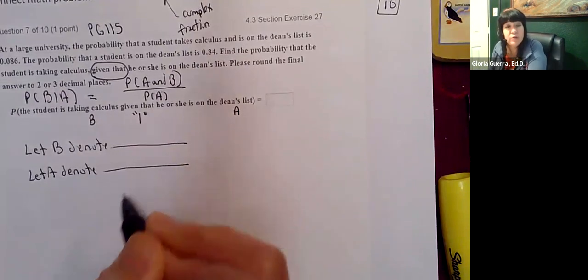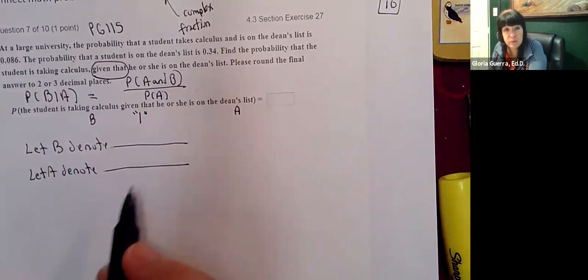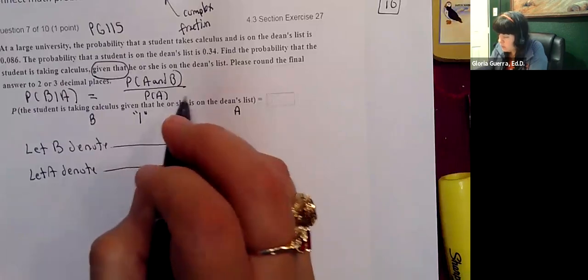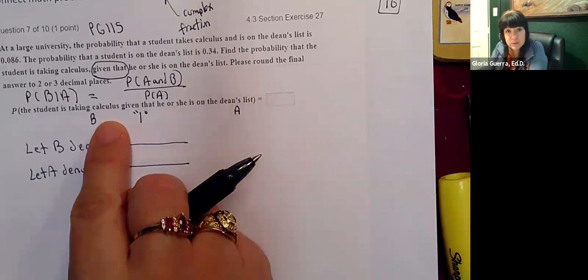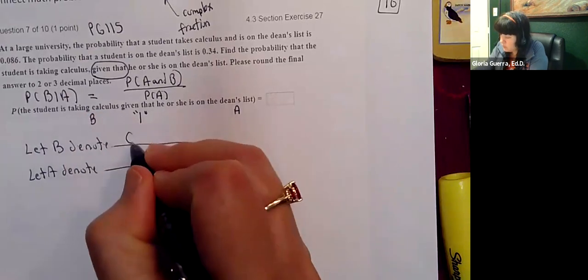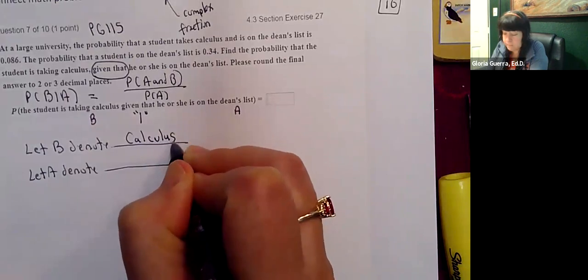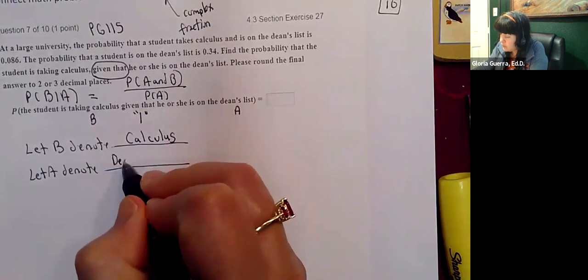So I'm trying to get you to make a decision which subject is the B and which subject represents the A. So for us, taking calculus is going to denote the B. And then the A is going to denote being on the dean's list.